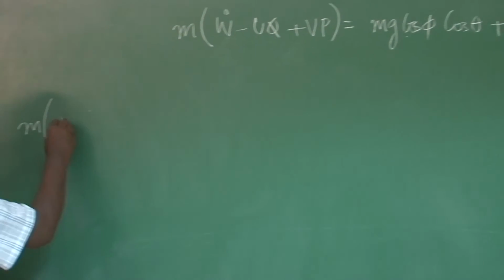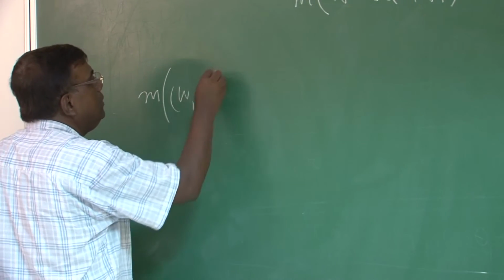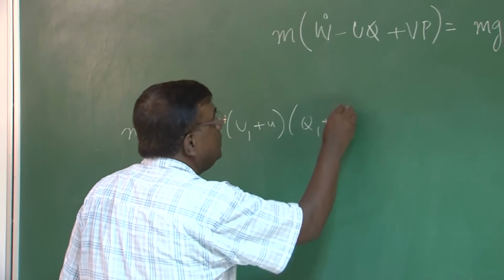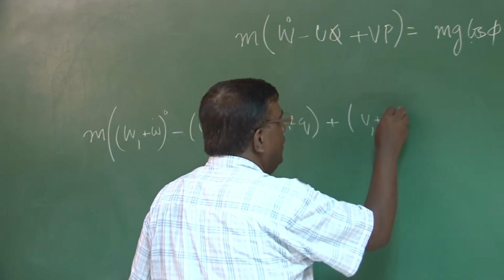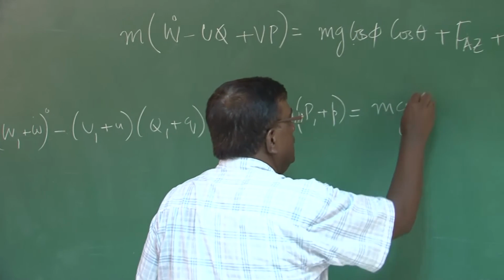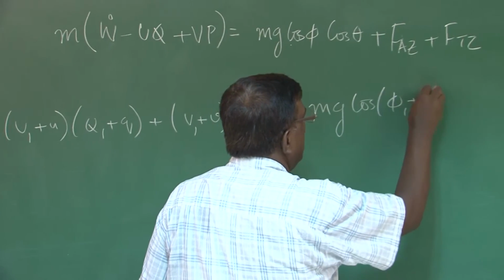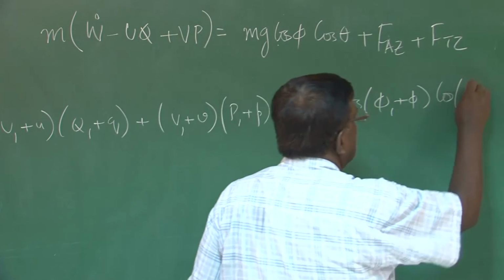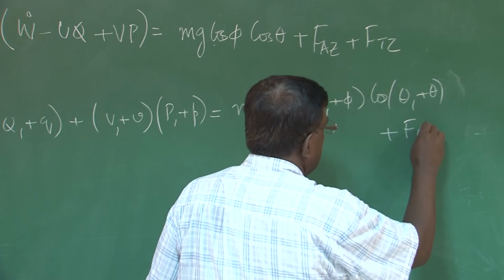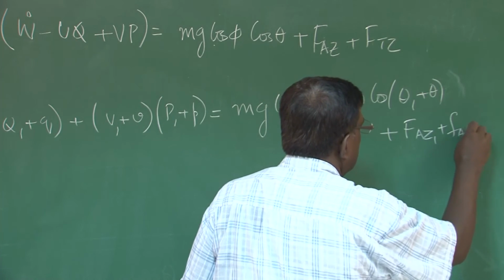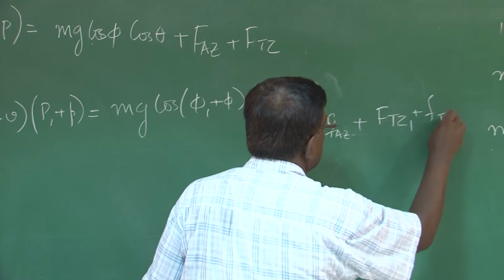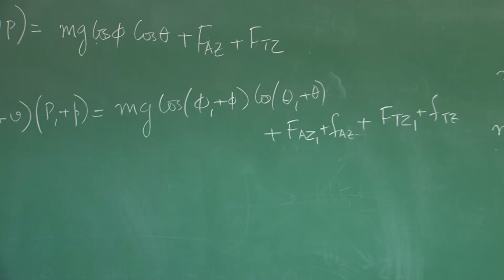M (W1 plus W dot) minus (U1 plus small u)(Q1 plus small q) plus (V1 plus small v)(P1 plus small p) equal to mg cos(phi 1 plus phi) cos(theta 1 plus theta) plus f_az1 plus f_az plus f_pz1 plus f_tz. Let us understand what is this f_tz here.